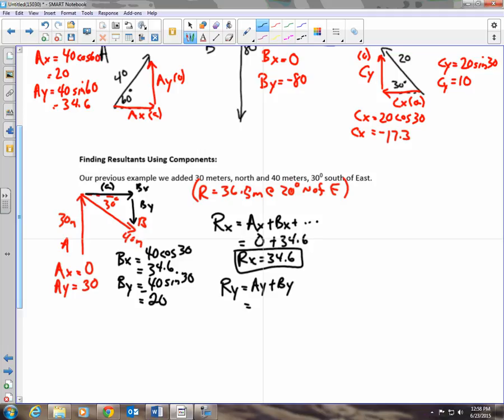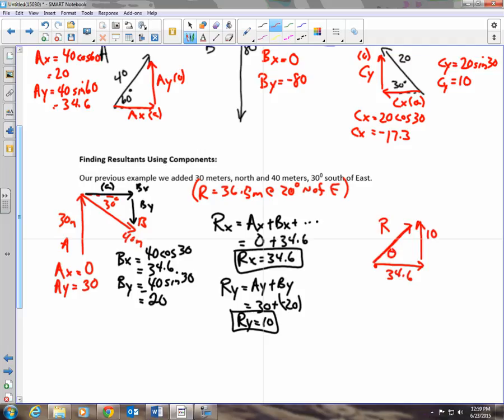So that's going to equal 30 plus minus 20. That's going to give me RY equals 10. Now that I know the x and y components of the resultant, I can construct the resultant. My RX is 34.6, so that means if I make an origin and I start there, I have to go to the right 34.6. And then my RY is 10, so I have to go 10 in the y direction. Now here's my resultant.